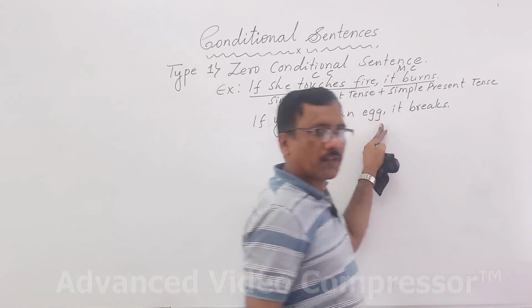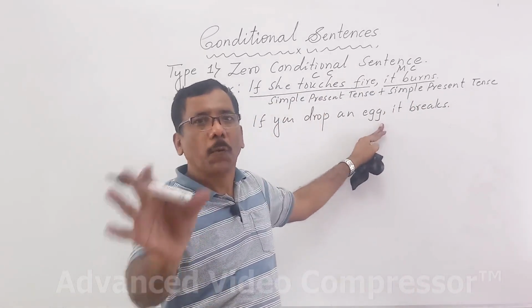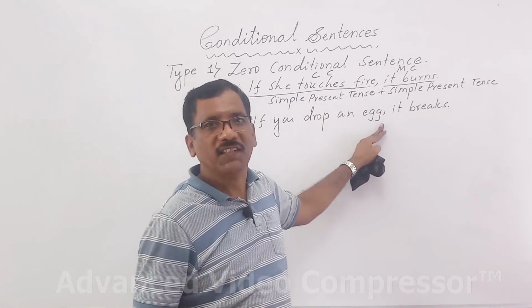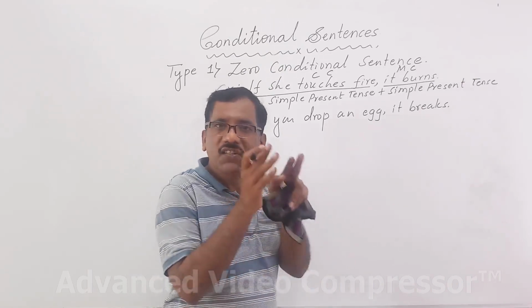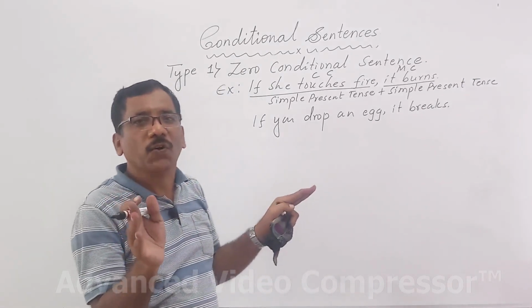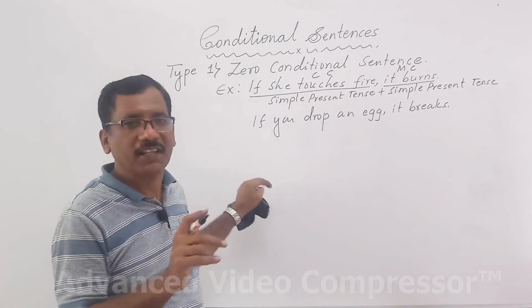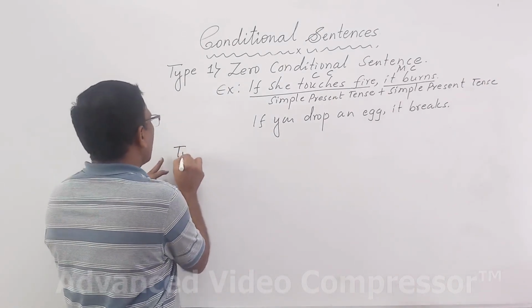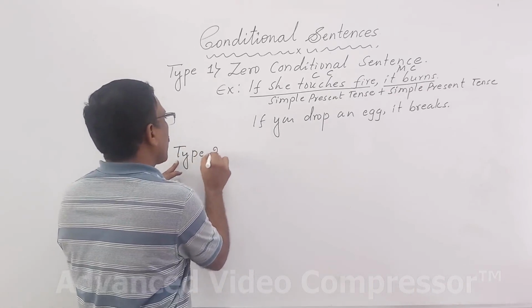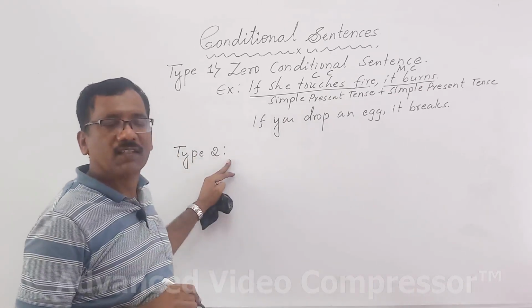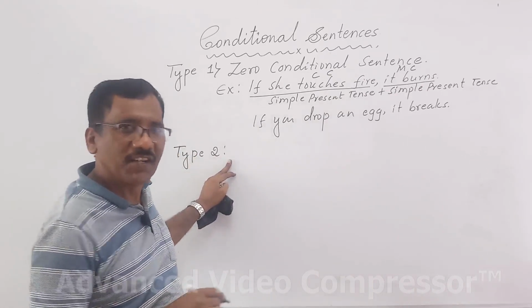There's no doubt. If you drop the egg, it breaks. It does happen. That's why such statements we call zero conditional sentences. I hope this point is clear. Now, let's move to type 2, that is probable conditional sentence.